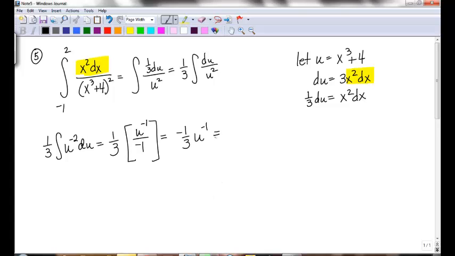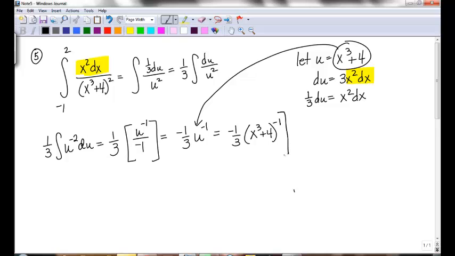Now if I started with an x, I've got to end with an x, so I've got to substitute this back in. And what's that -1 do to it? Yeah, it moves it down to the denominator. So it's like -1/3. I'll work it in stages. So this would be x cubed plus 4 to the -1 power.